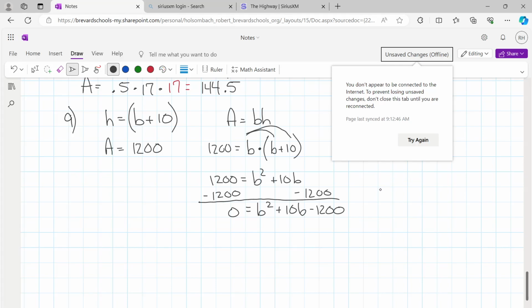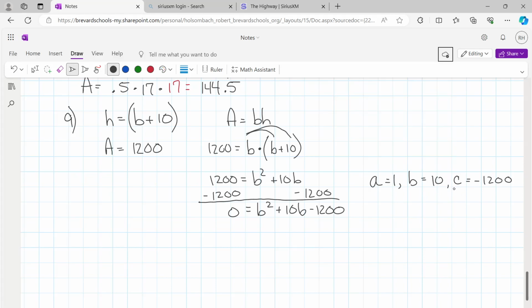We're going to identify our a, our b, and our c. Our a is equal to 1. Our b is equal to 10. And our c is equal to negative 1200. We're going to substitute those values into the quadratic formula.